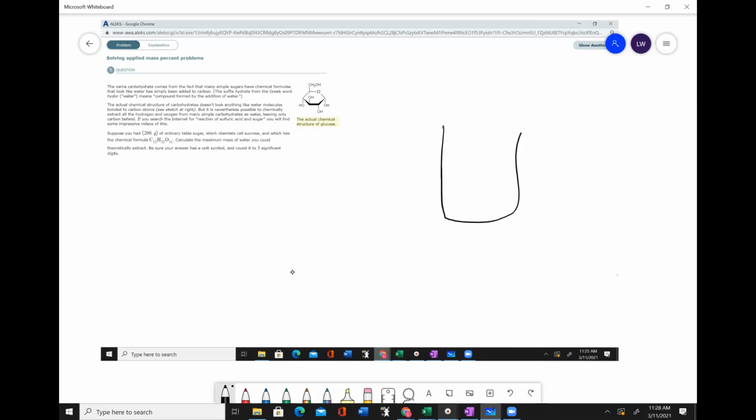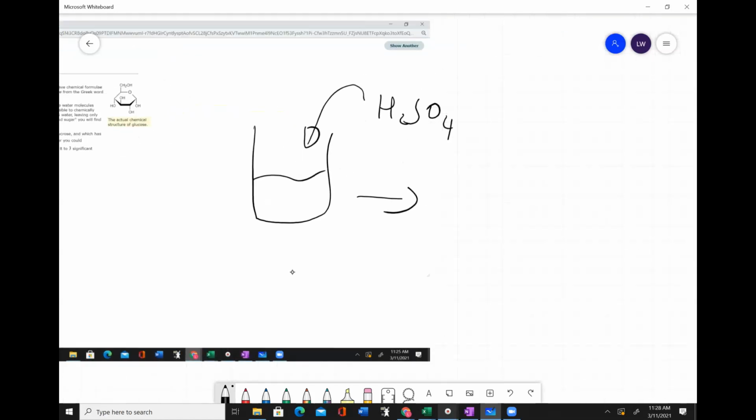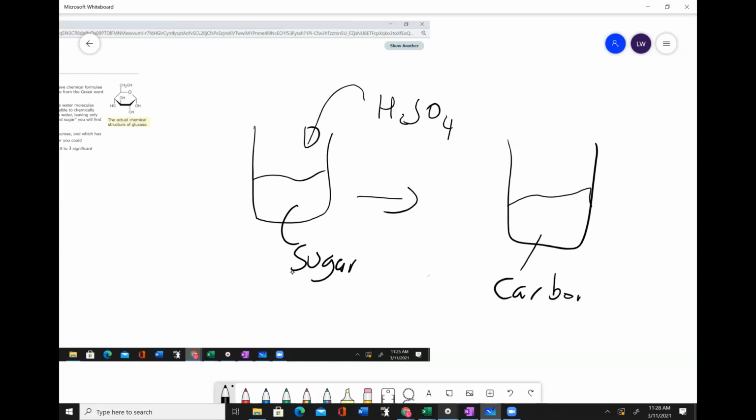So you take a beaker of sugar and you pour in sulfuric acid, and it goes wild and crazy and it turns black and a whole bunch of steam comes off, and what you end up left with is basically just carbon. It just turns all black and a whole bunch of steam comes off, so it looks like water left.